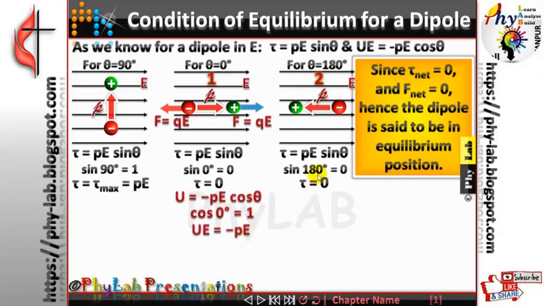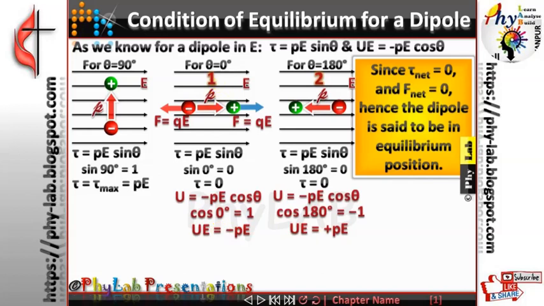Now let's also calculate the potential energy in the state 2 using the same equation, minus pE cos theta. Here theta happens to be 180 degrees and cos 180 degrees happens to be minus 1. So the potential energy comes out to be plus pE. Out of these two potential energy values, which one is minimum? Obviously minus pE.